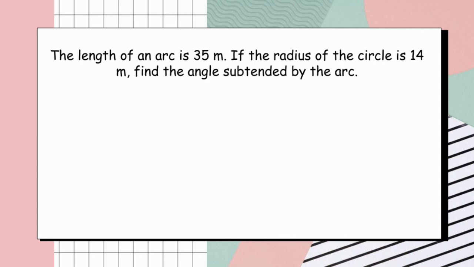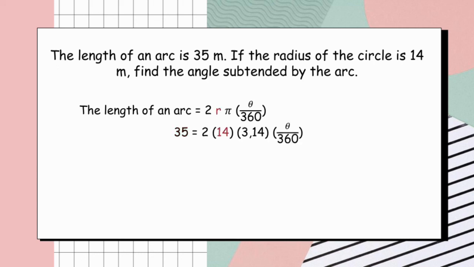The length of an arc is 35 meters. If the radius of the circle is 14 meters, find the angle subtended by the arc. The length of an arc equals 2 times R times pi times angle divided by 360. 35 equals 2 times 14 times 3.14 times angle divided by 360, equals 87.92 times angle divided by 360.